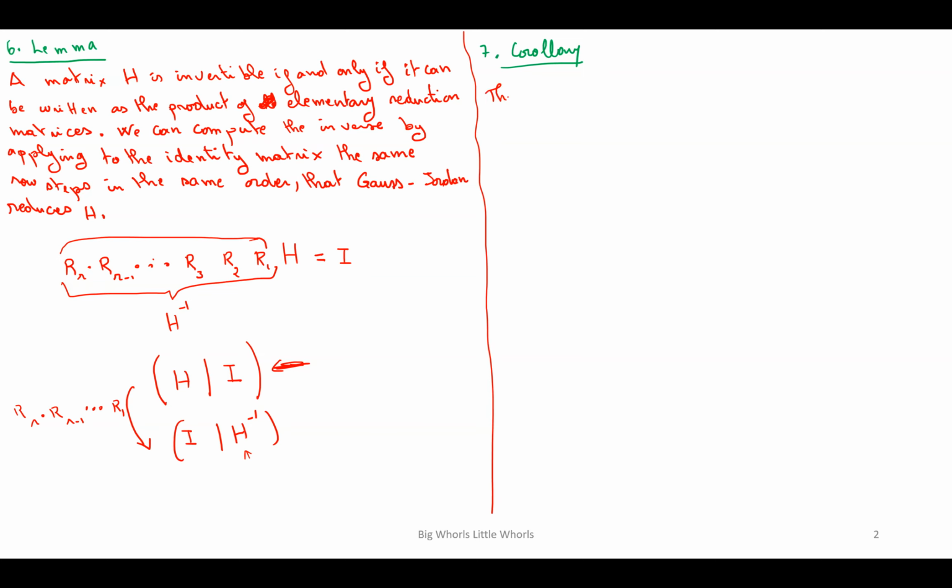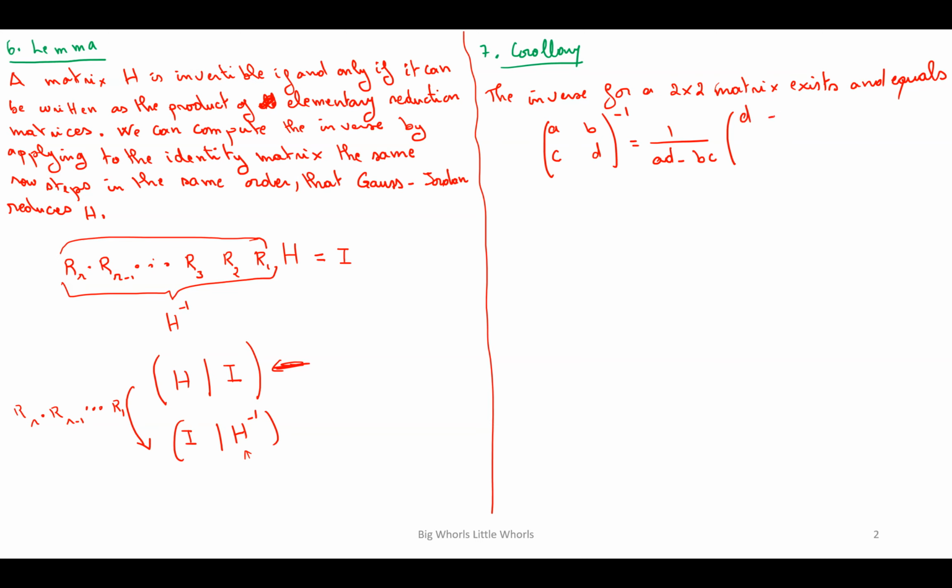So here, the inverse for a 2x2 matrix exists and equals: if you have the matrix A, B, C, D, its inverse equals 1 over AD minus BC, times the matrix D, minus B, minus C, A.